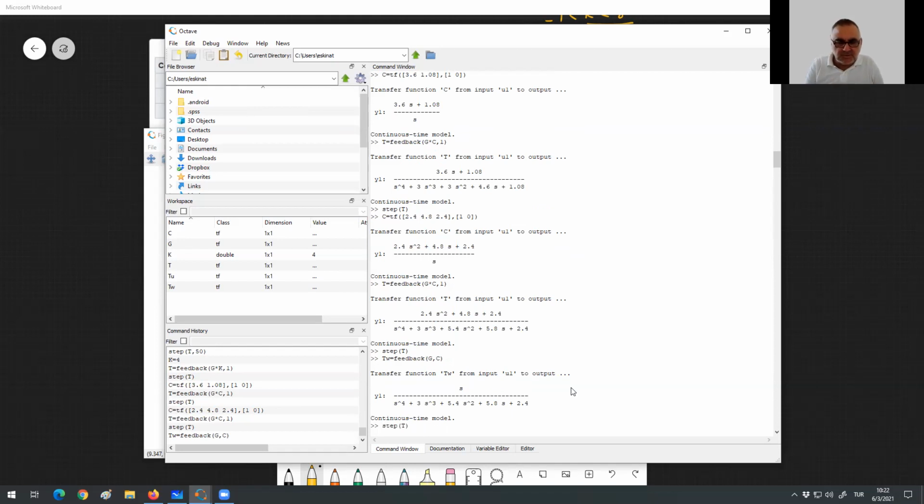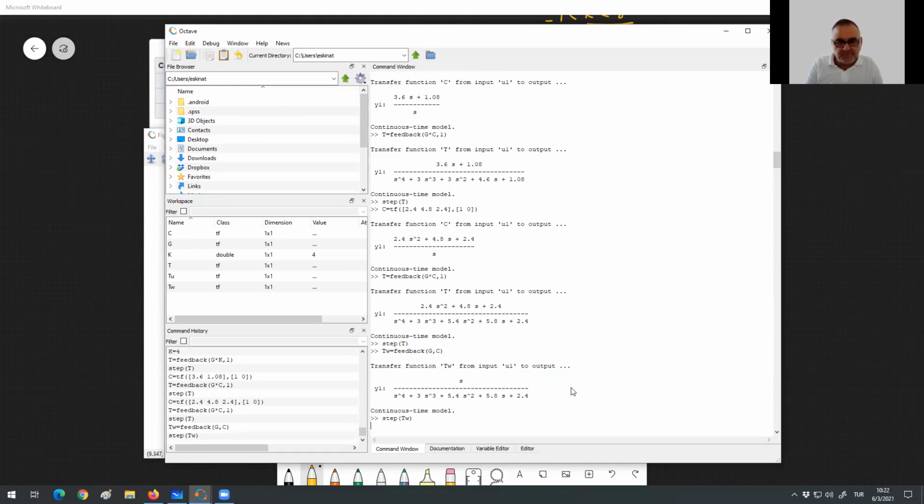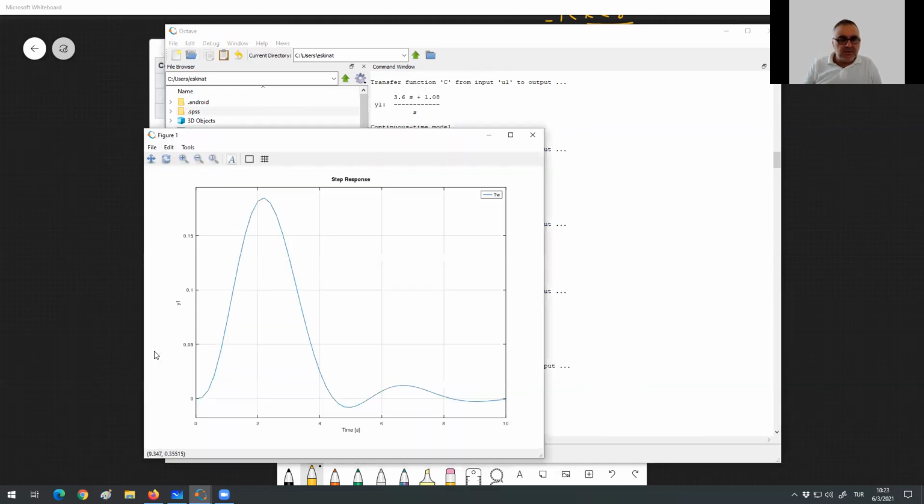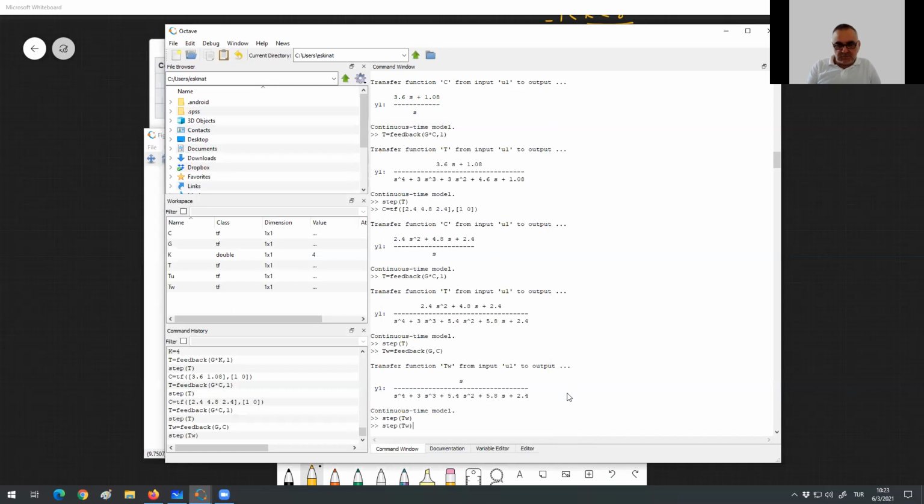So if you look at the step of TW, what you get is going to be something like this. The disturbance response of your system will go up and eventually it will come down, and it will come down very quickly, by the way. Again, in 10 seconds, the system is going to reject your disturbance.